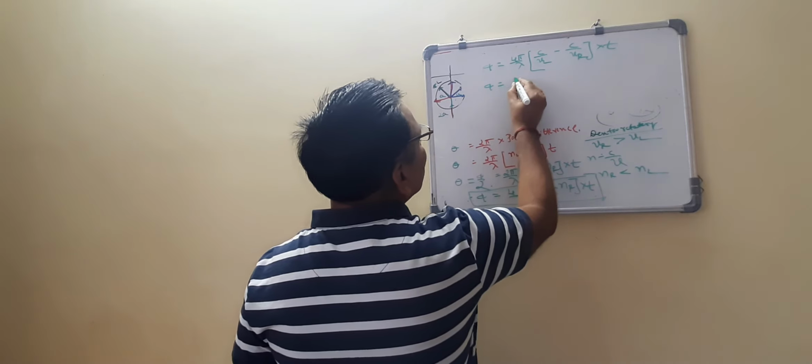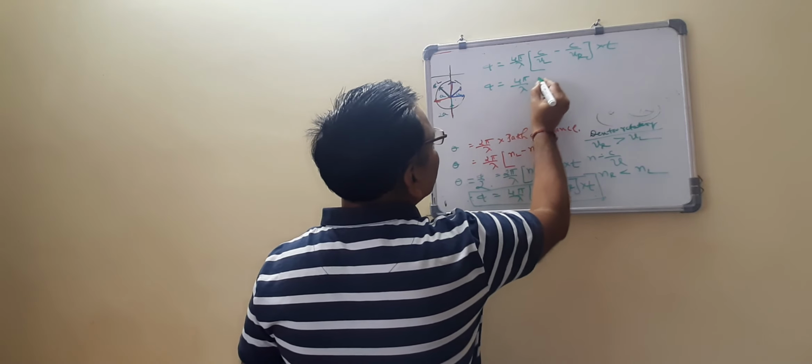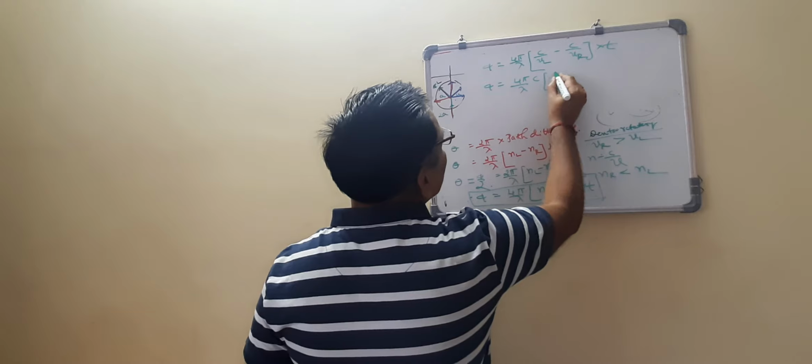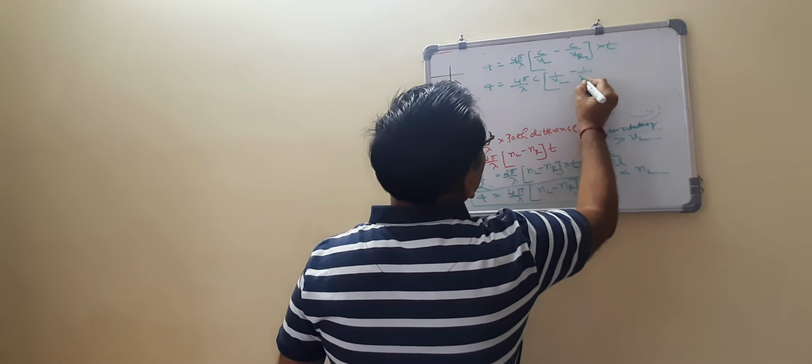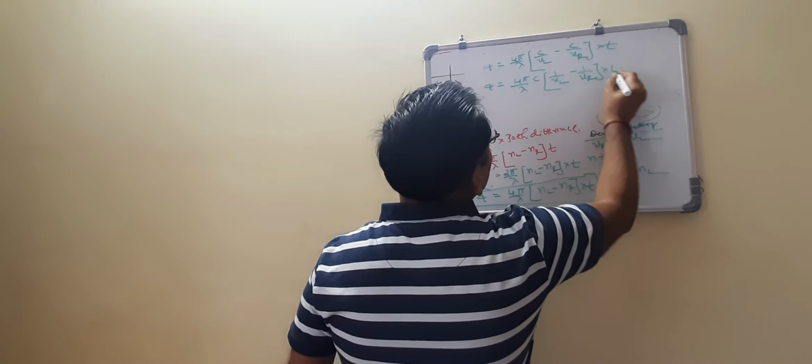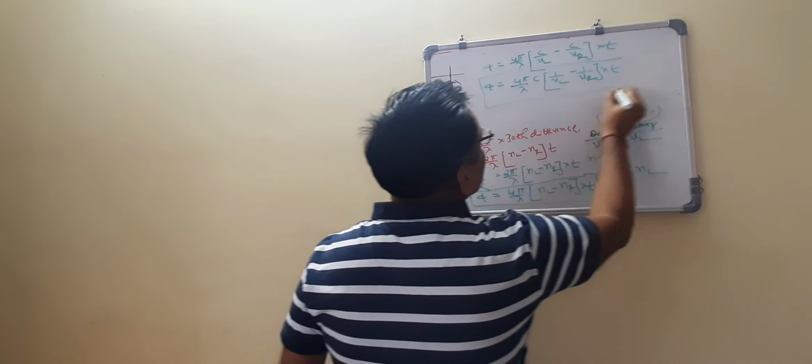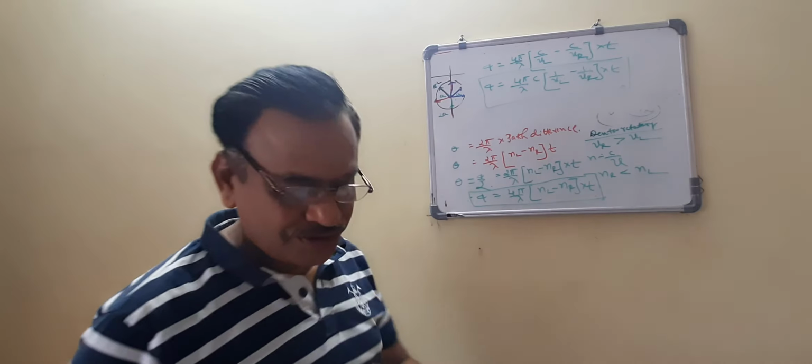Then phi equal to 4 pi by lambda into c, which is common, 1 divided by Vl minus 1 divided by Vr into t. This is the final derivation.